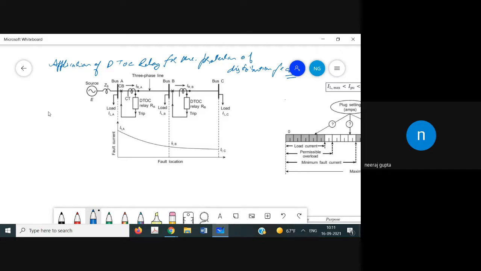There are two line sections, AB and BC, and let us assume that DTOC relays A and B are used at buses A and B for the protection system.